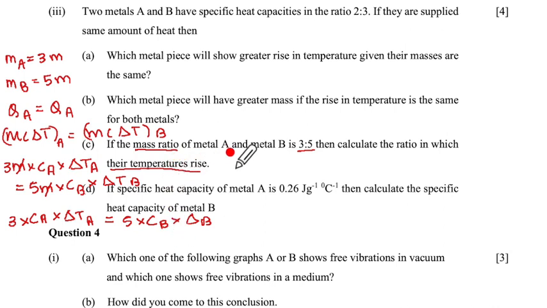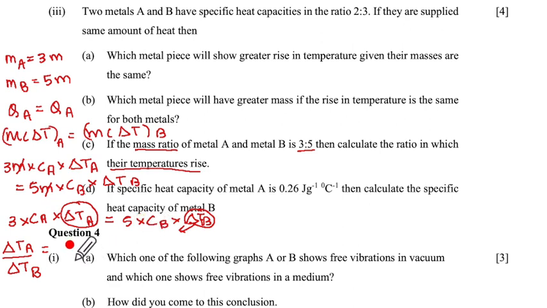Now we are asked the temperature rise. So delta Ta upon delta Tb will be equal to, now we have kept delta Ta here and delta Tb, we are taking that side. So it is going to divide.